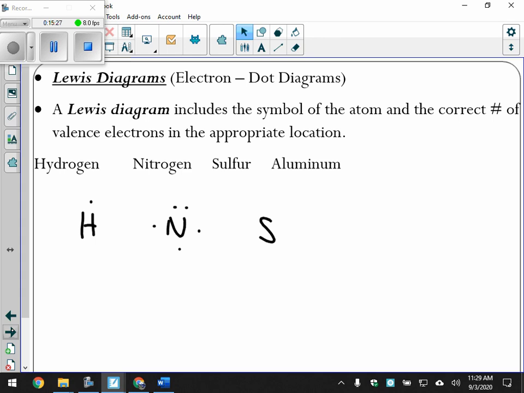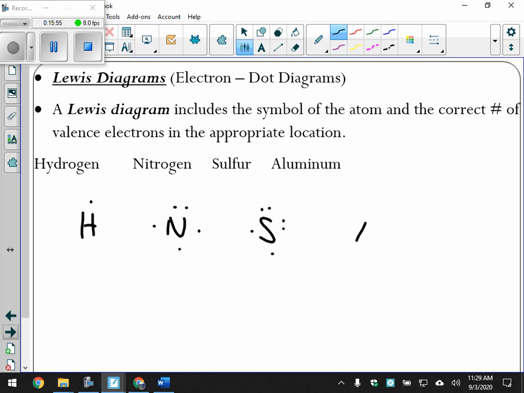Sulfur's in the third one. 1, 2, 3, 4, 5, 6. It's got 6. So 2, 8, and then 6. 6 is what I'm looking at, right? So 6 valence electrons.